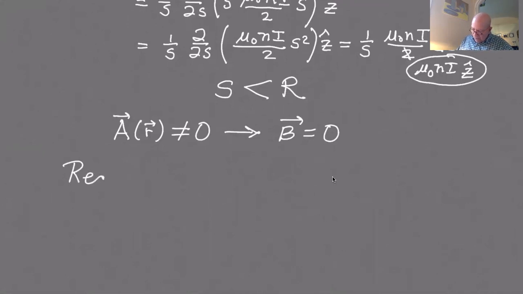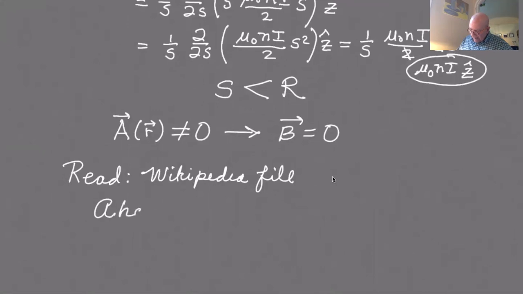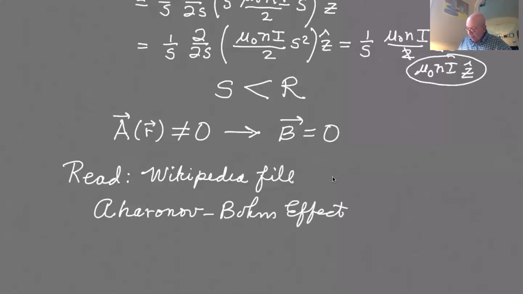I want you guys to go off and read the Wikipedia file on the Aharonov-Bohm effect. Now, David Bohm is a pretty famous theoretical physicist of the 20th century, actually born in Wilkes-Barre, Pennsylvania.